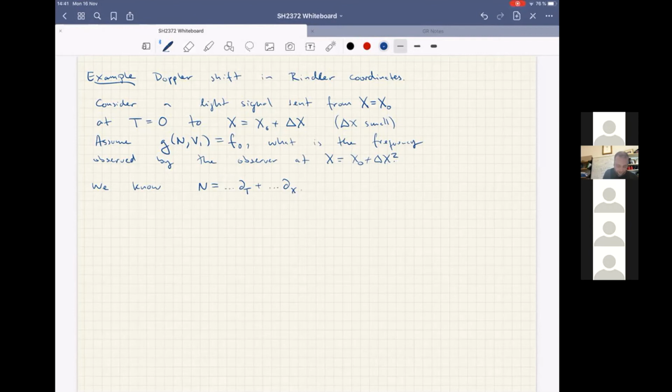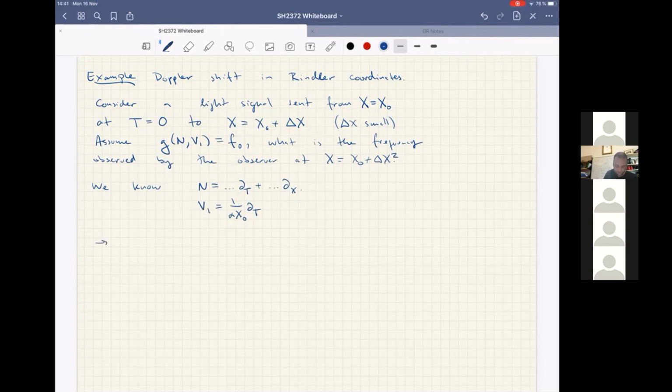We also know that v1, we checked this, was 1 over alpha x0 dt, because this was an observer at a fixed x. And we computed the four-velocity of such an observer earlier.